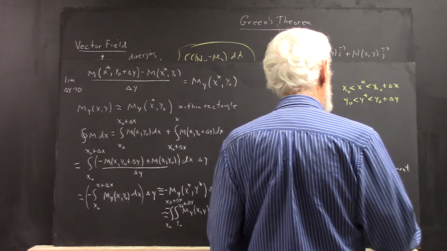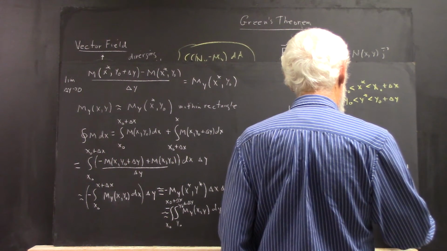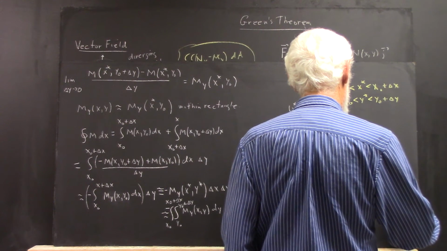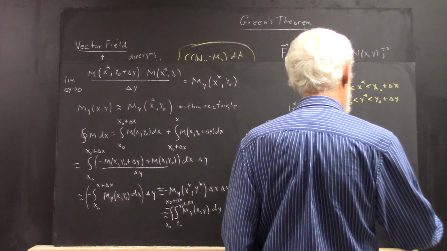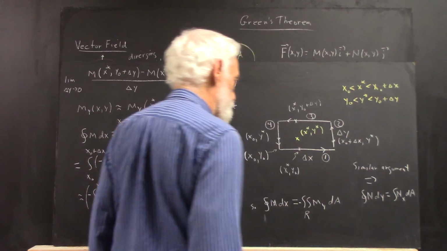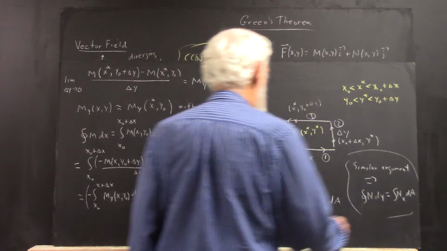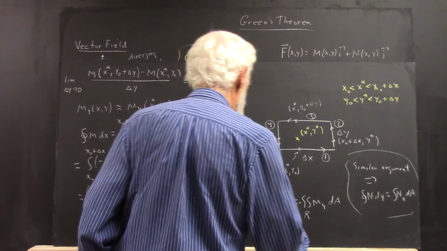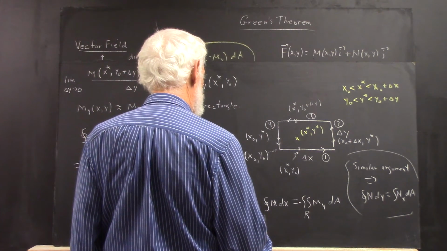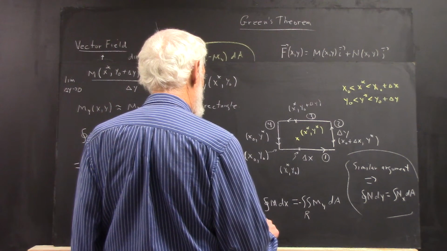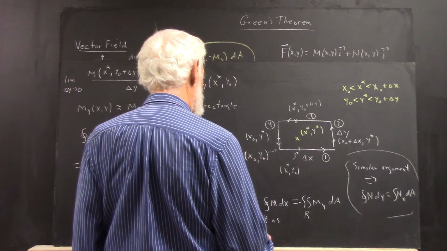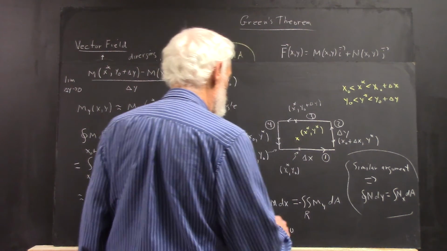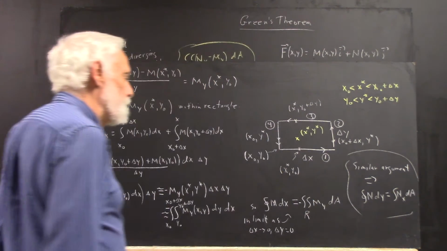But okay, the integral of n dy is then equal to the integral of n sub x with respect to area. And as delta x goes to 0 and delta y goes to 0, we get this.